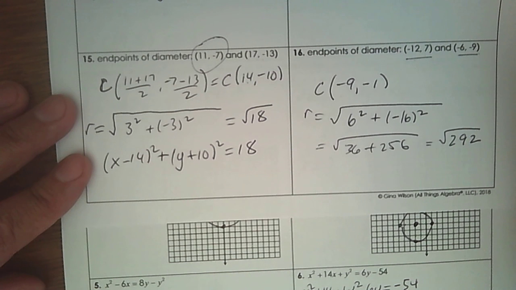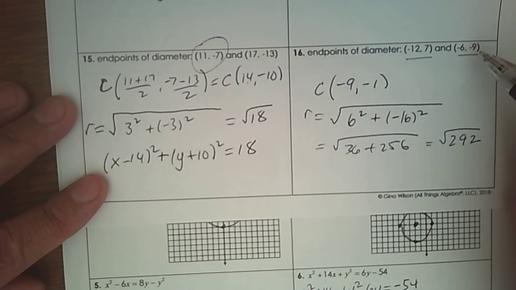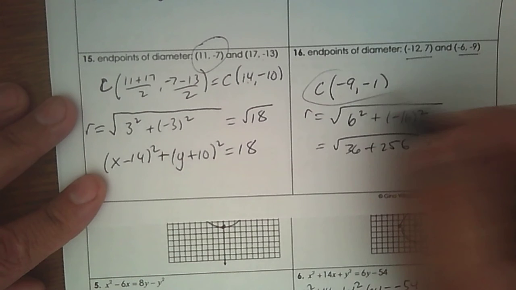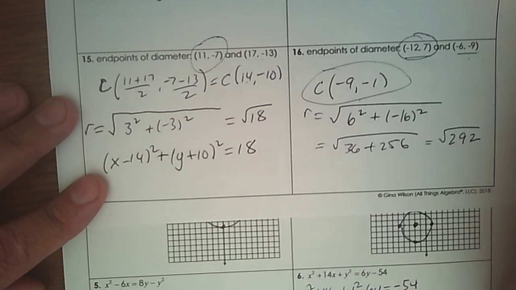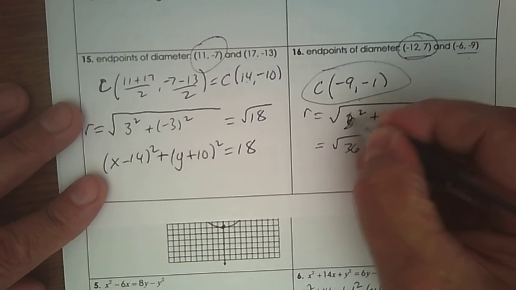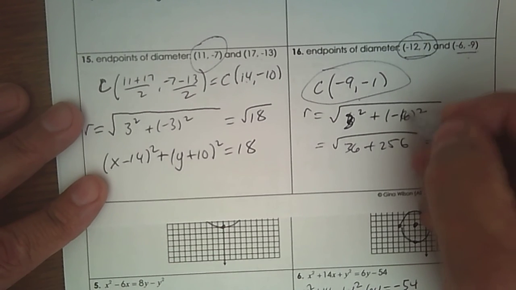Wait, let me just make sure I do this right. I'm sorry, this is all crazy. I didn't use the center. So we have the center and use one of these points. Whichever one is fine. So when I subtract negative, this should be 3 squared. And then when you subtract, that should be negative 8 squared.